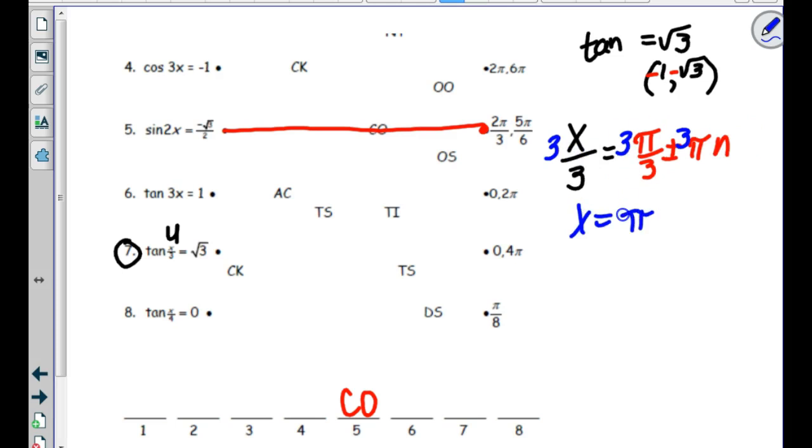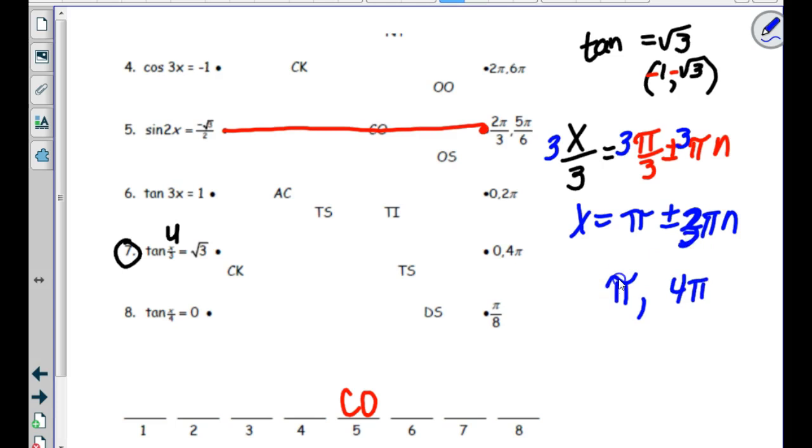This becomes plain old pi. And back here we have plus or minus 3 pi n. So I have pi as a solution, and if you added 3 pi to that, you'd get 4 pi, but 0 is not a solution.